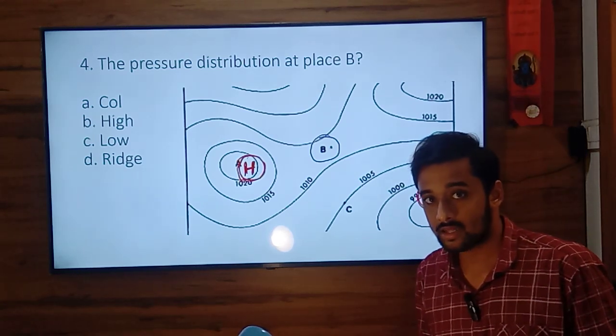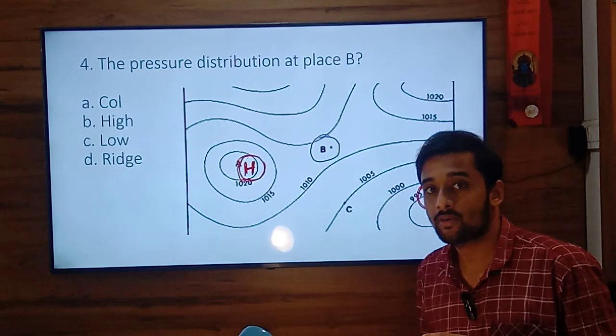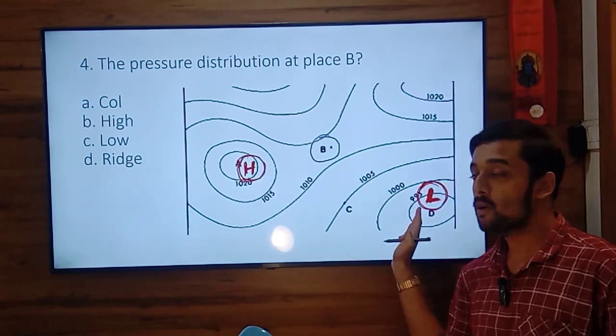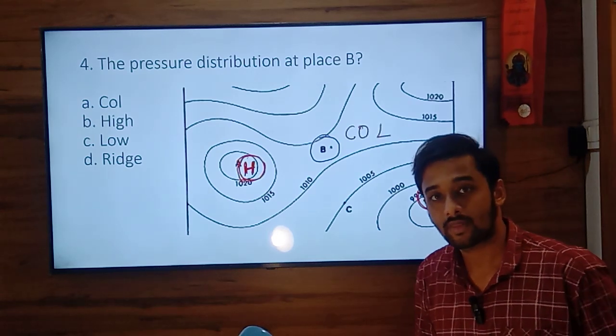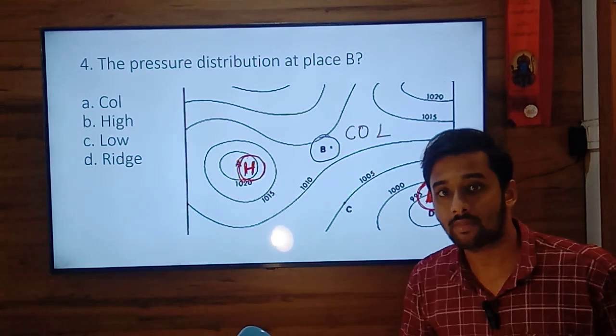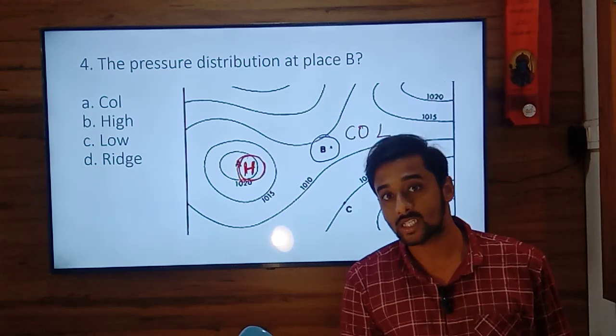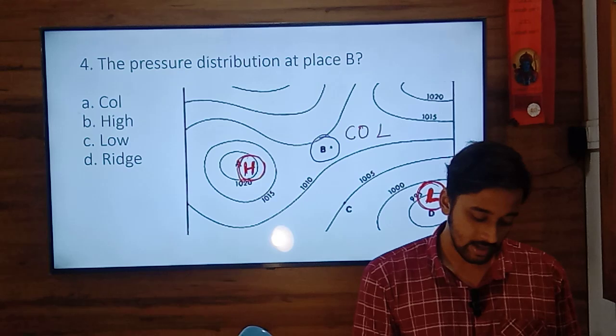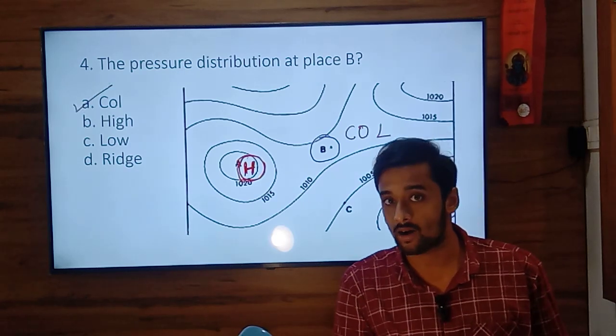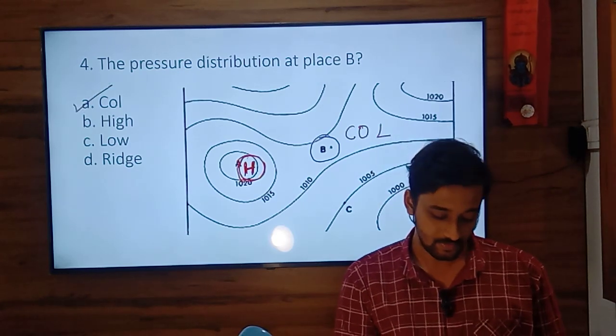By definition, the pressure falling between a high pressure region and a low pressure region is called COL. So according to that, the answer to question number 4 is alpha COL.